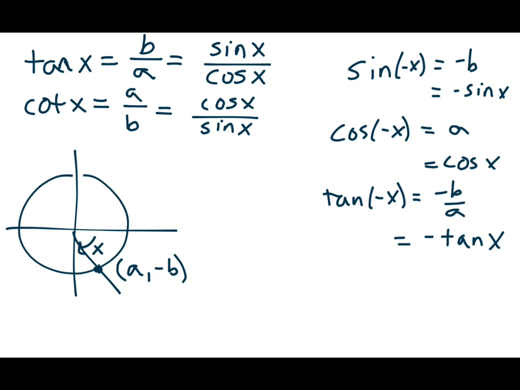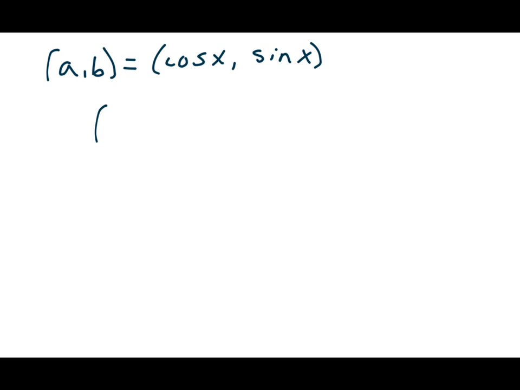Now, on this unit circle, since a is cosine of x and b is sine of x, we can say that a squared plus b squared equals c squared, which is 1.